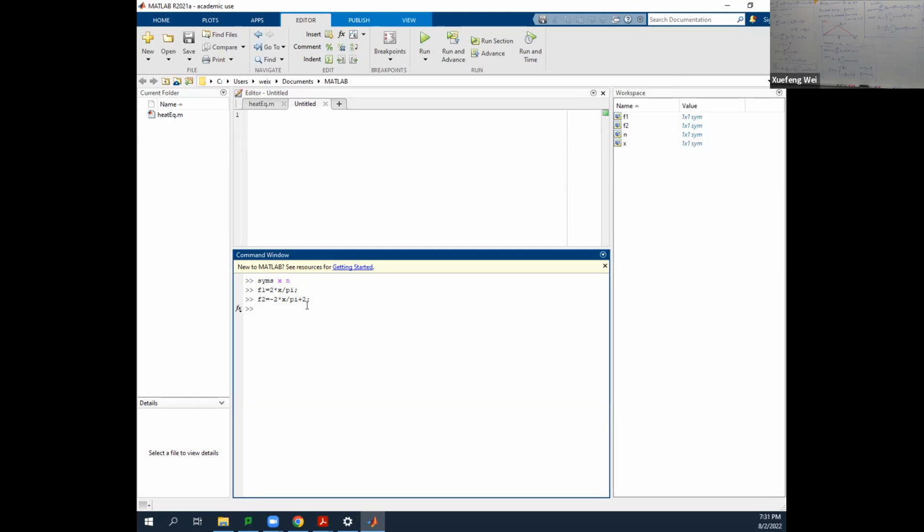Okay. And then I have an equal to, I do integration of f1 times sin(nx). Okay, f1 times sin(nx). I just make sin(nx) part of f1 and f2, so that I just do f1.